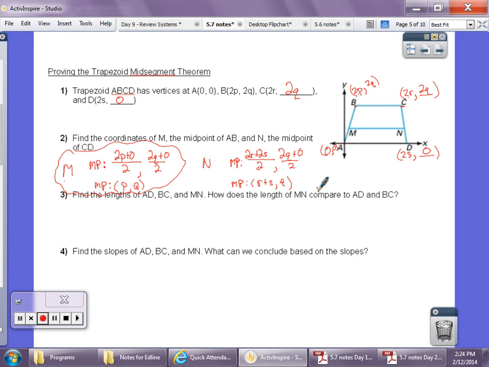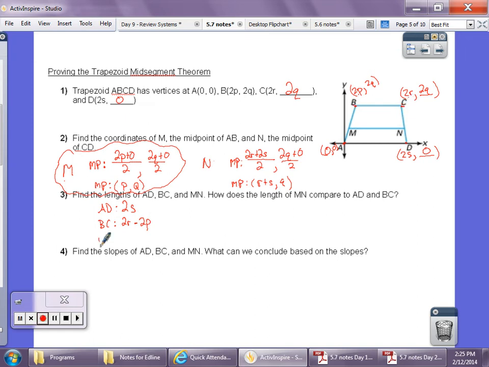And then it says find the lengths of AD, BC, and MN. How does the length of MN compare to AD and BC? If we look at AD, the length of A to D goes from 0 to 2S, so the length of AD is 2S. The length of BC goes from 2P to 2R, so the length is 2R minus 2P, because that's how you find the length, from here to here.